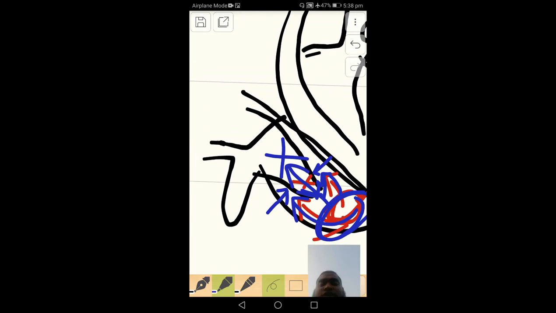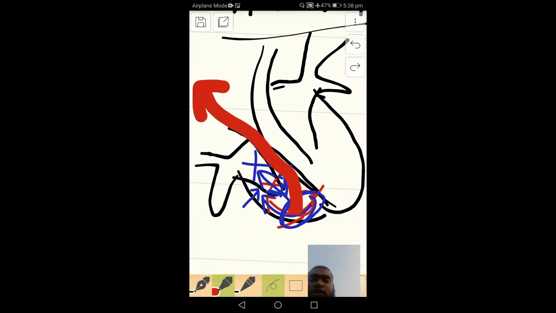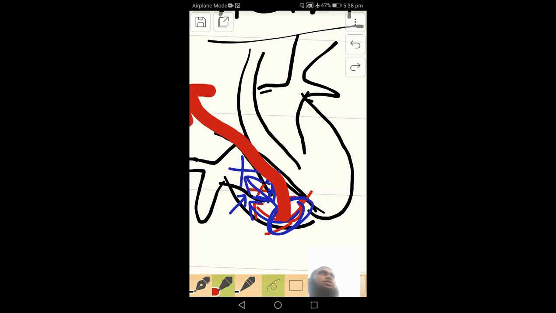Since the blood cannot flow back into the atrium, it goes straight from the ventricle to the outside, through the artery. The same thing happens in the left side of the heart also.